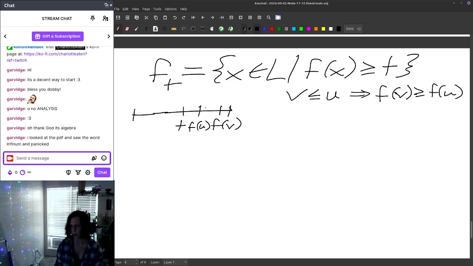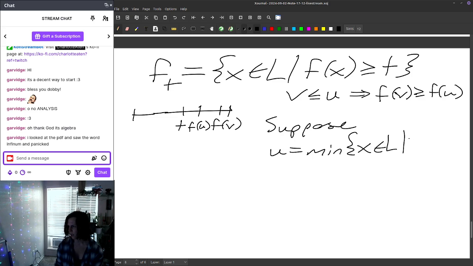There's got to be a smallest thing. Well, in other words, suppose that u is the minimum thing among the set of all x's in our lattice, with the property that f of x is greater than or equal to t, right?